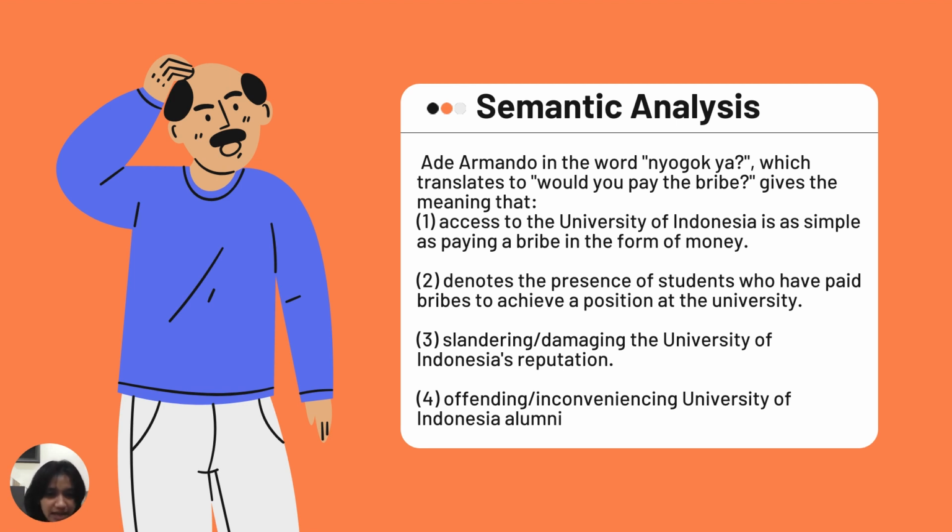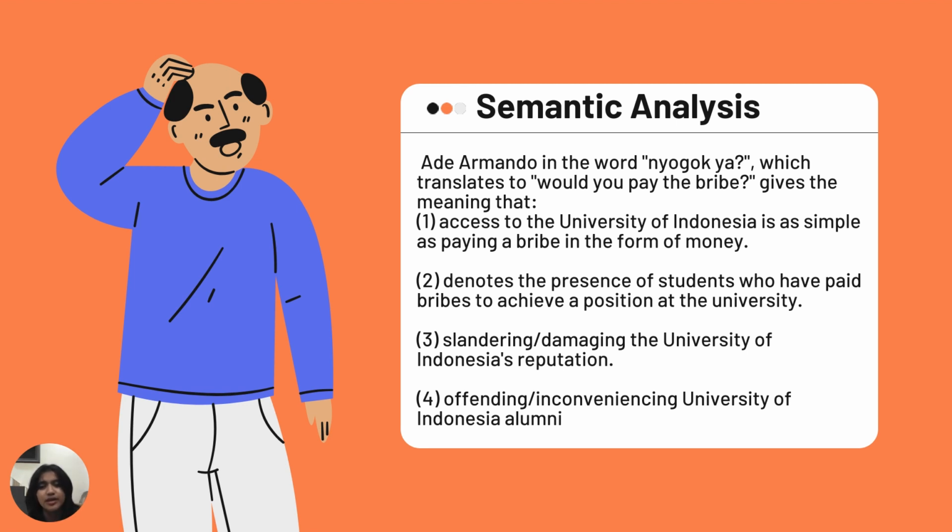Second, it denotes the presence of students who have paid bribes, meaning there are also students in the University of Indonesia who have paid a bribe. The third is slandering, also damaging the University of Indonesia's reputation. And the fourth is offending University of Indonesia alumni.